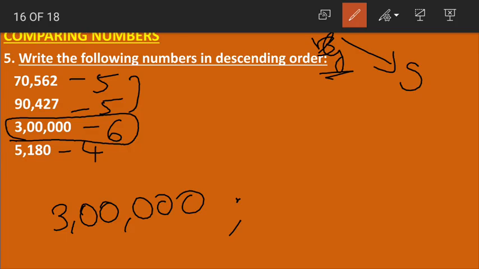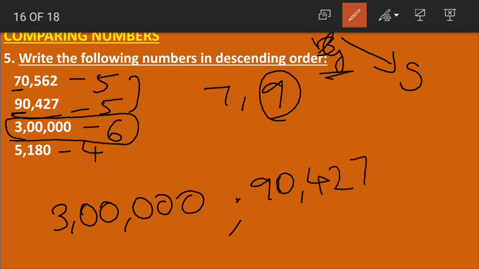Now among these two, which is the greater number? How do we find out? We compare the digits in their highest place values. We have 7 and 9. Which is the greater number here? 9 is the greater number. So 90,427 becomes the next greater number. Next we have 70,562 and 5,180.